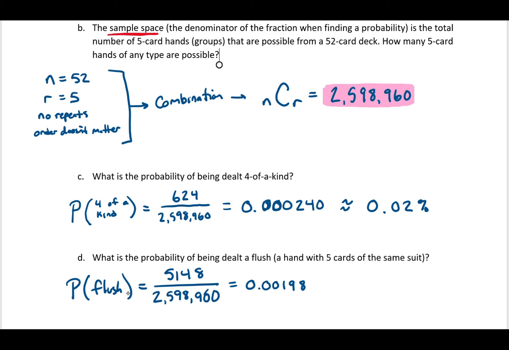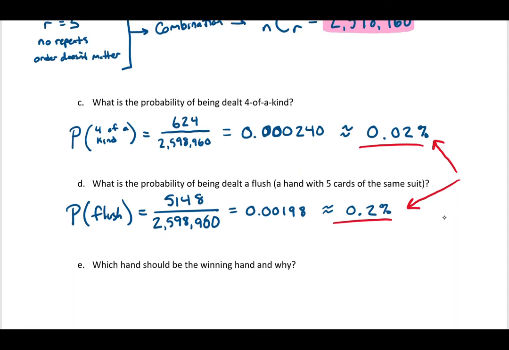And if we convert the probability of a flush to a percentage, again, move the decimal point 2 places to the right, and we can round that, that's about 0.2%. So that's 10 times more likely. So what these probabilities are saying is that a flush happens 10 times more often than 4 of a kind.